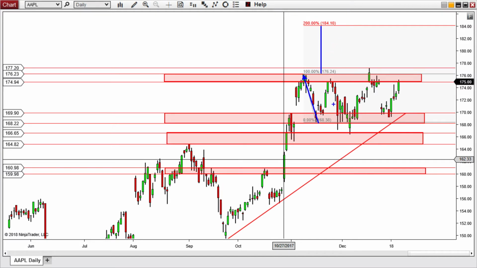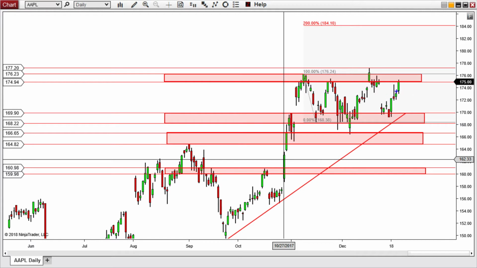What I'm looking at is to play the breakout. I'm not even trying to play it up to 184. I'm looking for a quick pop to maybe 180, then come back down and retest this breakout area, and then make a move to 184 and do that major move. That's the trade that I'm looking at.